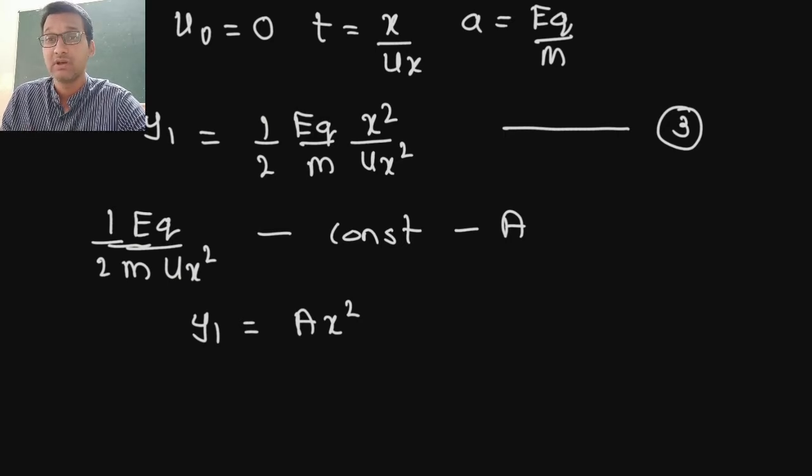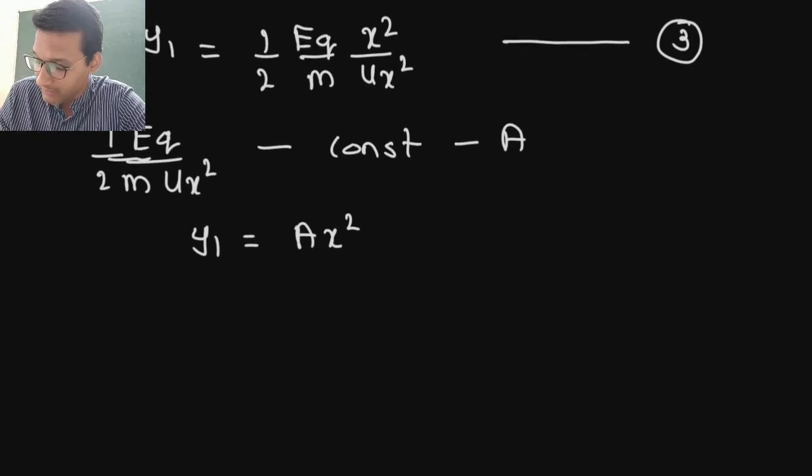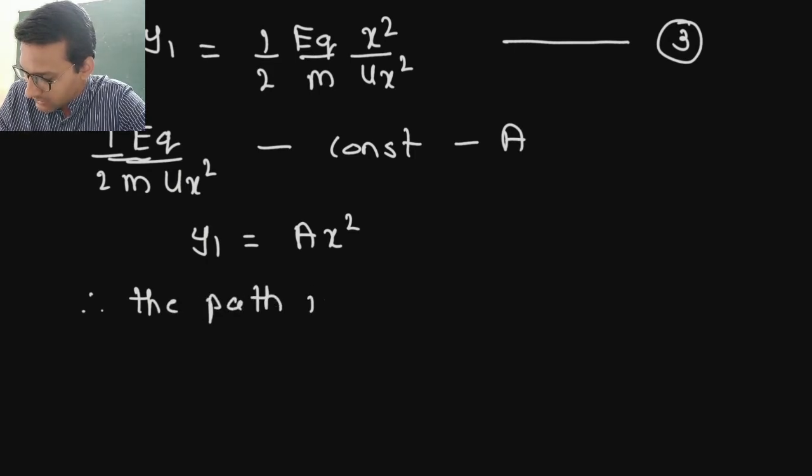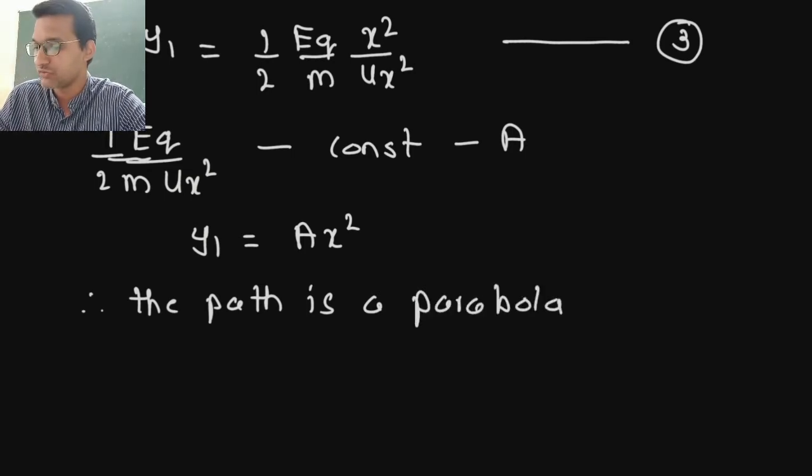Now from this we can understand the nature of the path. The nature of the path will be a parabola, since it is x square, not x. If it was x, it would be a straight line. Since it is x square, the path will be a parabola. So from this we understand the path is a parabola.